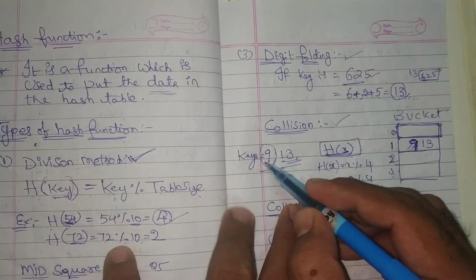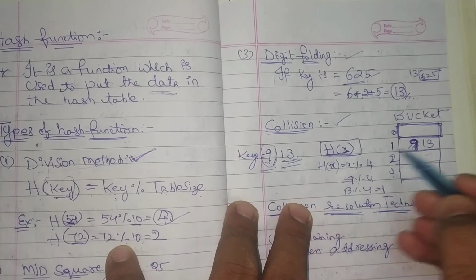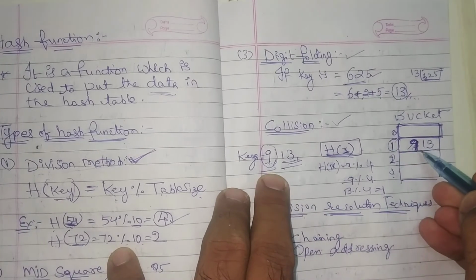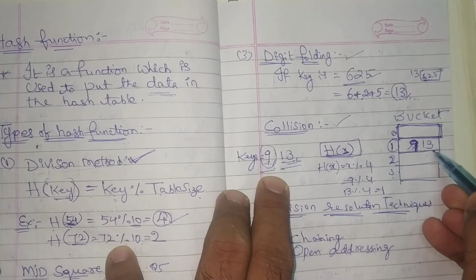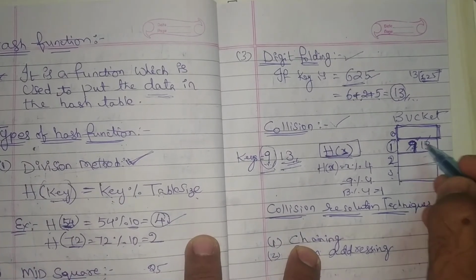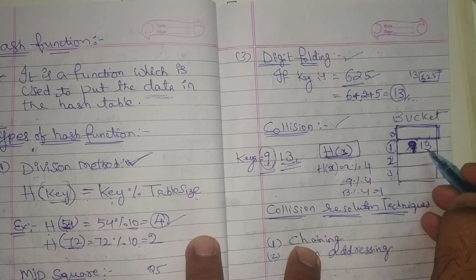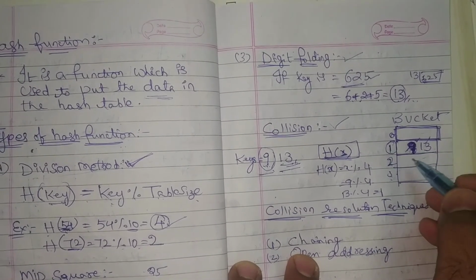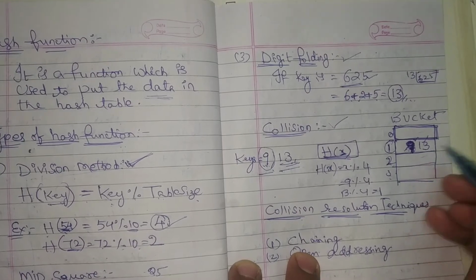Whenever 2 different keys get the same location to store information, a collision occurs. You have to store in 2 locations, but if you overwrite, 9 will be removed. But as per our data structure, every data should be stored.